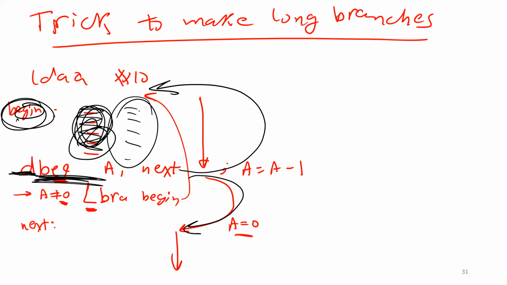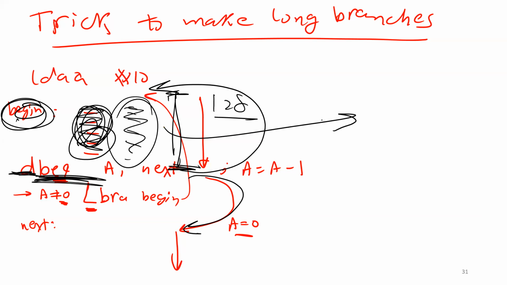So the distance from here to here in memory should not be more than 128 bytes. So on average, if every instruction is going to take 3 bytes, for example, how many instructions can you put here? It's going to be 128 divided by 3, whatever it is.